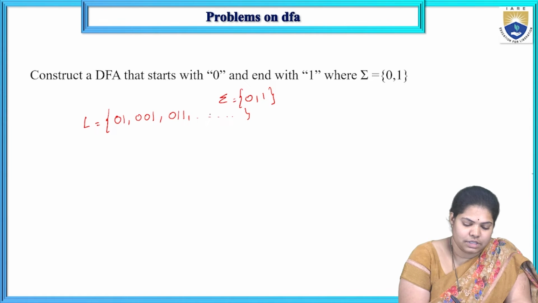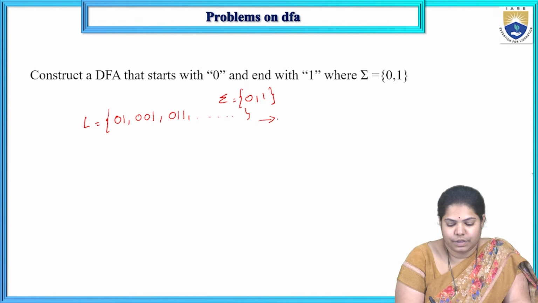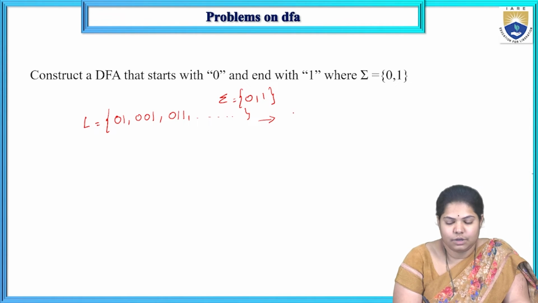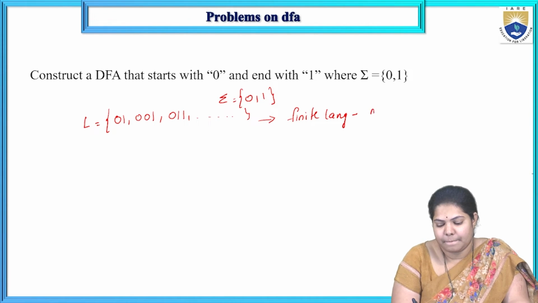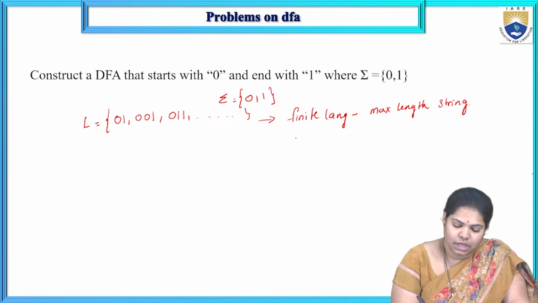Right? So first, as I have told you previously, we need to check whether the language is a finite language or an infinite language. If the language is a finite language, we should take the maximum length string to construct the DFA.